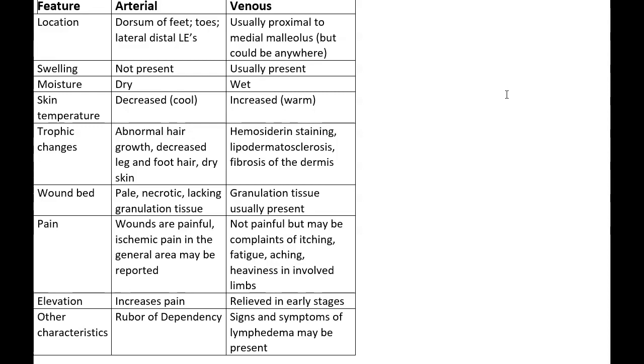And that's the rubor that we're talking about. The reason for that is gravity. Gravity is allowing arterial blood to flow down there. And then we elevate them, and they have pain, and they could also become less than normal color. It's called pallor, P-A-L-L-O-R. So, rubor of dependency, pallor of elevation with arterial disease.